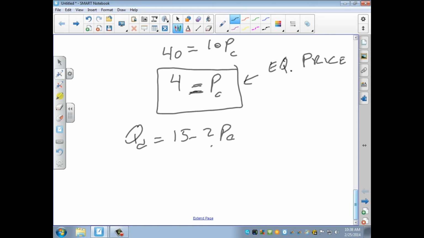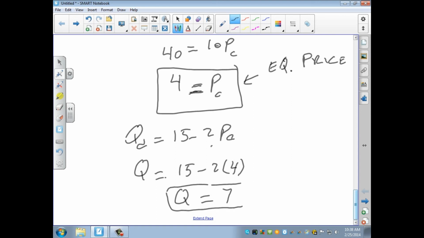So plugging in 4 for PC, Q would be equal to 15 minus 2 times 4, which is Q equals 7. This is the equilibrium quantity. Okay? So price would be $4 and quantity would be 7 units.